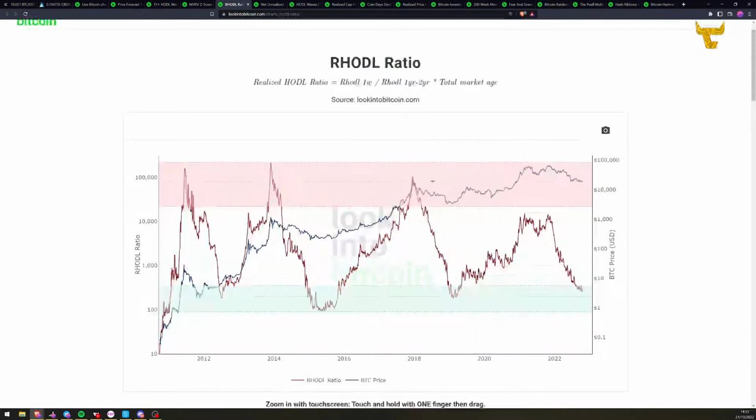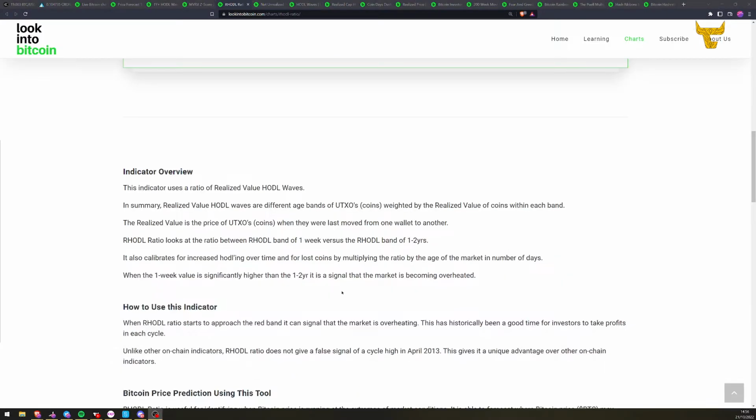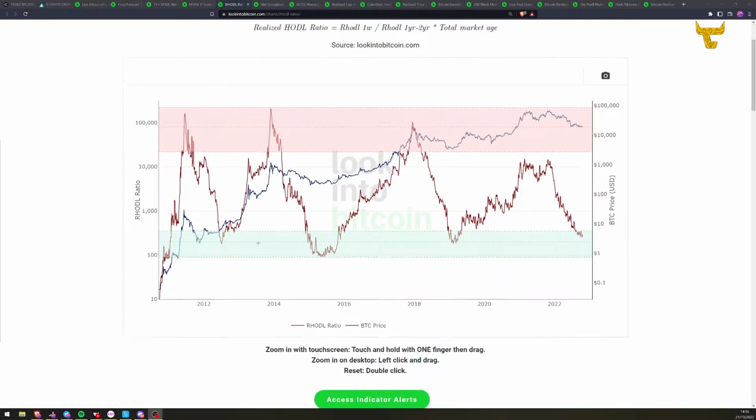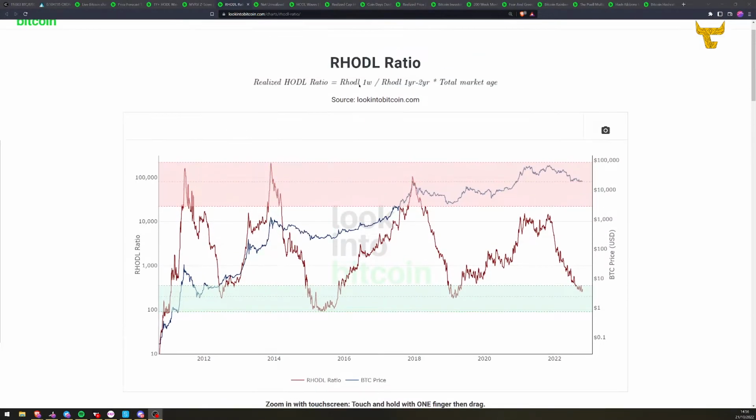So the Rodel ratio is the ratio between the 1 week and the 1 year, 2 year. Again, when the 1 week Rodel wave ratio is a lot higher than the 1-2 year, and the ratio goes crazy high, that indicates a top, and when it's low, it indicates a potential bottom.